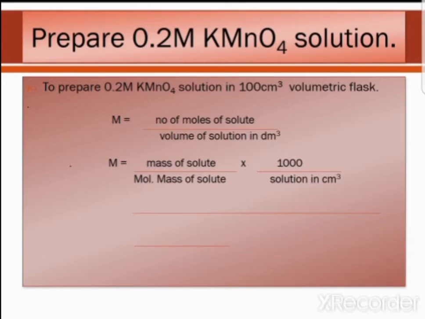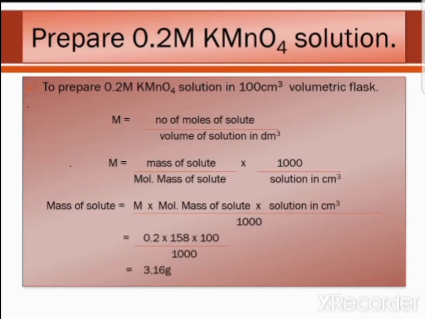To calculate the mass of solute becomes equal to molarity into molecular mass of solute into solution in cubic centimeter divided by 1000.